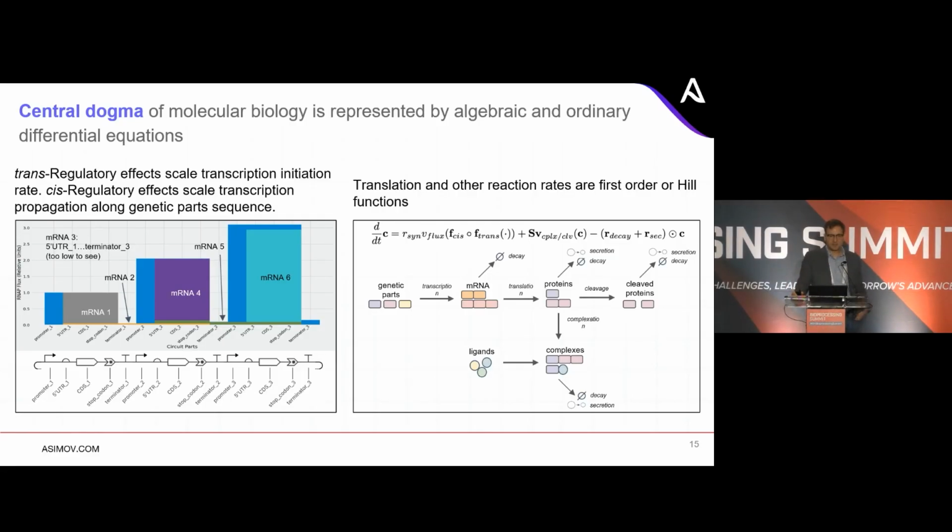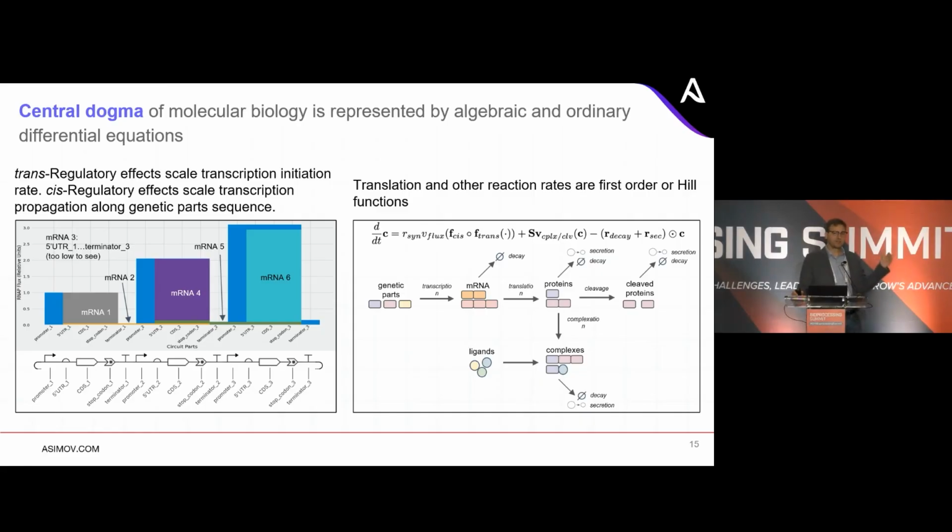So as an example, we have a genetic circuit here, which is 3 transcription units, right? So 3 combinations of a promoter, a CDS, and then a terminator. And what our genetic simulator will do is march along that genetic circuit and predict the rate of expression, the rate of transcription, and achieve predictions of the abundance of mRNA transcripts at a given time.